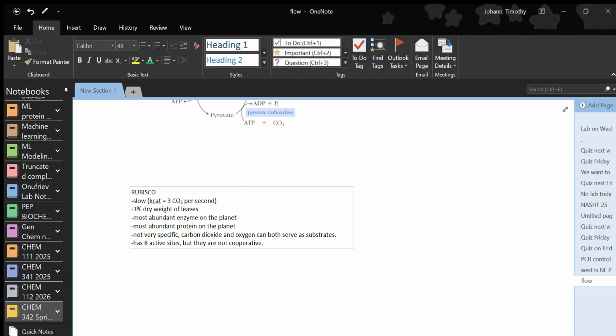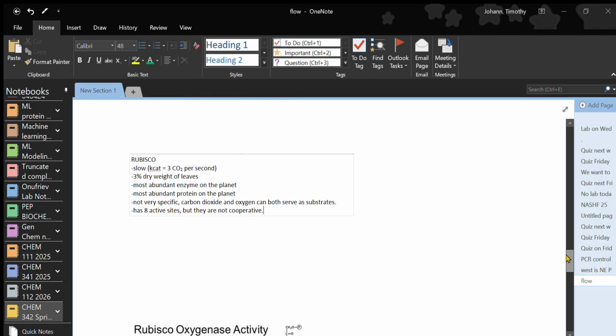Enzymes can do the same thing. If they have multiple active sites, when one is active, the other ones become more active. But this has 8 active sites and they're all independent of each other, so they don't take advantage of that sort of thing. Questions?